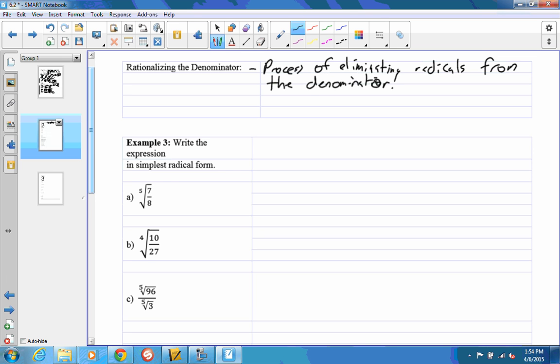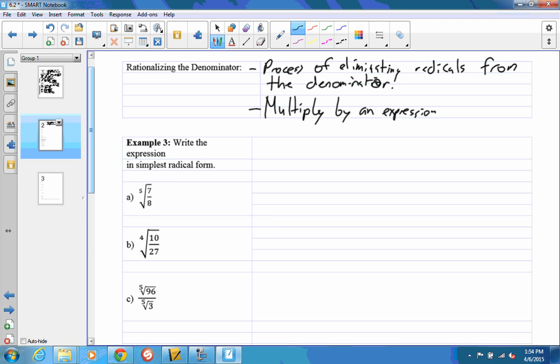Process of eliminating radicals from the denominator. All right, guys. The way I do this, I'm going to multiply by an expression. Remember your rules of algebra. Anytime I multiply by something, what does it have to be equal to?